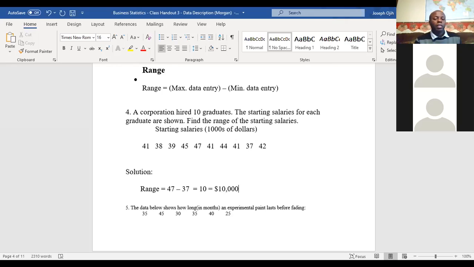So how do you interpret it? The difference between the maximum salary, the salary paid to the highest earner in that company, and the lowest earner is $10,000. Okay.